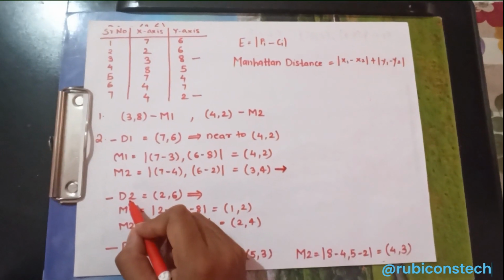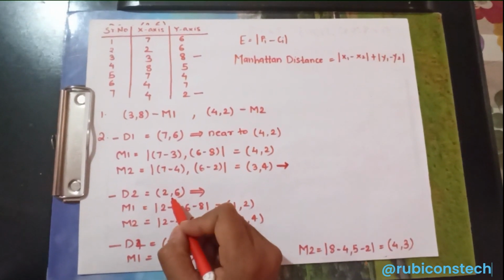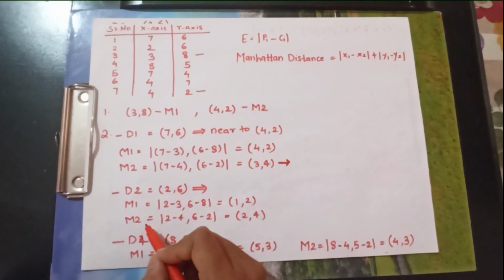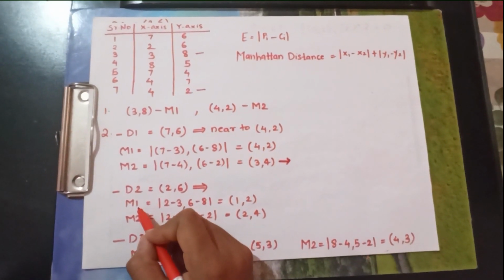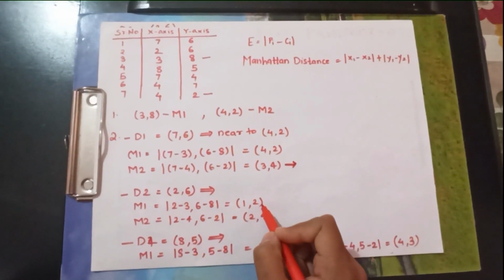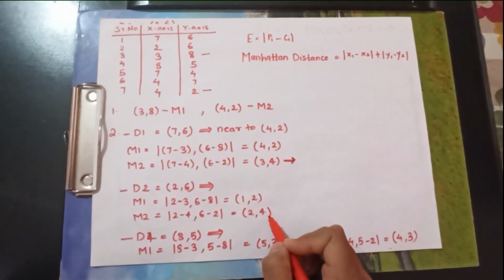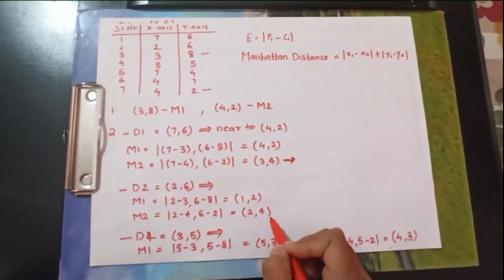Similarly we'll calculate the distance for data point 2, that is (2,6), for both the medoids. For medoid 1, that is (3,8), the distance is (1,2), and for medoid 2 we are getting the distance as (2,4).